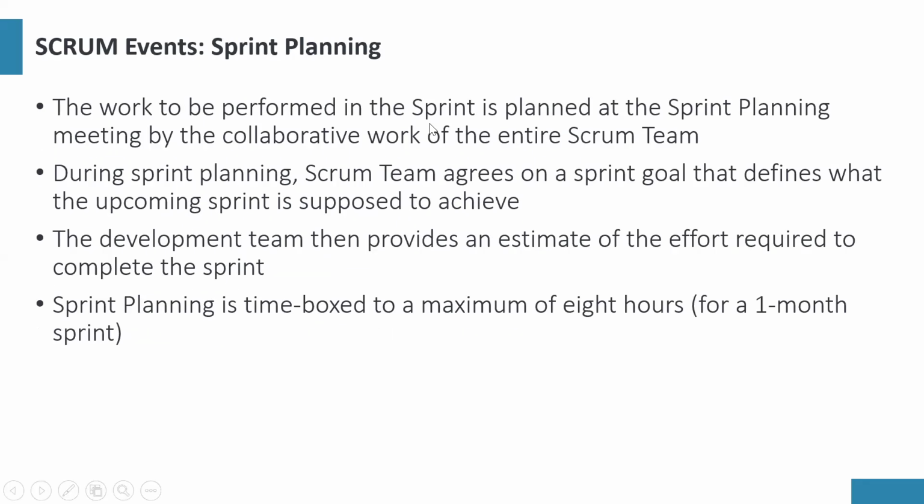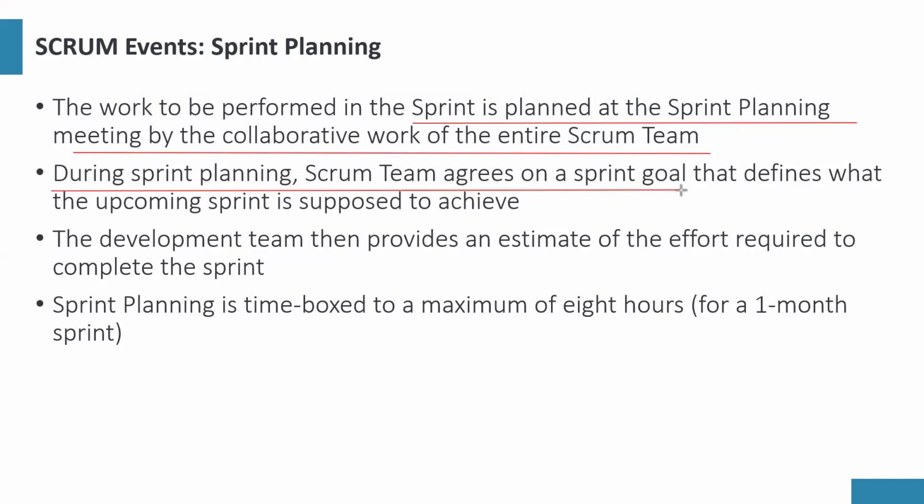So let's talk about sprint planning. What happens in sprint planning? The work to be performed in the sprint is planned at the sprint planning meeting by the collaborative work of the entire Scrum team, which is product owner, Scrum master, and developers. During sprint planning, the Scrum team agrees on a sprint goal.